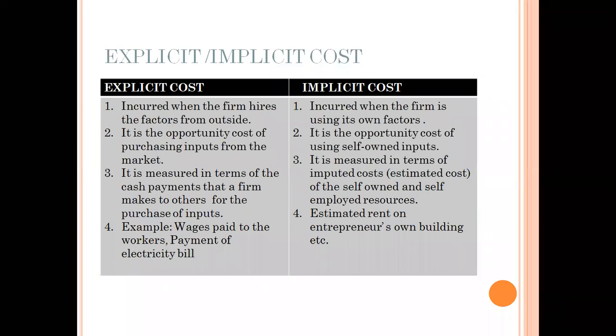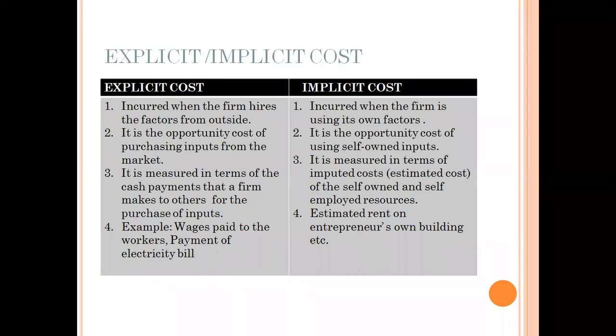Okay, so second point you can say, in the explicit, it is the opportunity cost of purchasing inputs from the market, because ultimately if I am buying something from the market, I am paying it to outsiders. But implicit one is when you are using self-owned inputs, you are not hiring any product or service from outside.